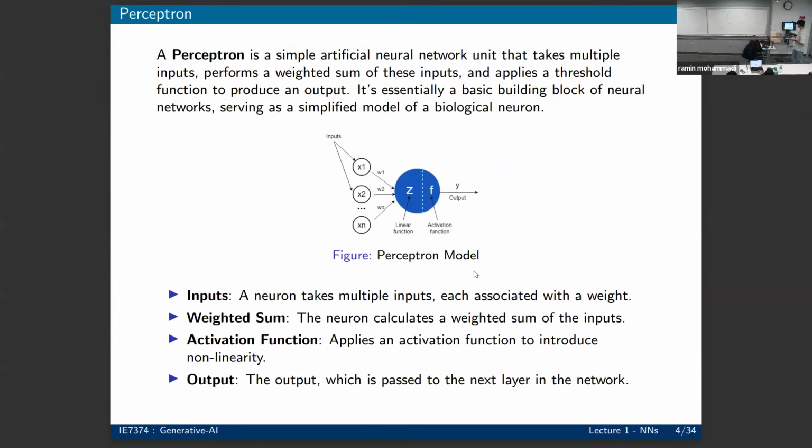So we're going to quickly talk about the perceptron again. We saw the perceptron in the previous slides, but the idea is that in the circle that you see here, let's assume we call that a neuron. A neuron has 2 parts: an input, which is the raw input, and an output.